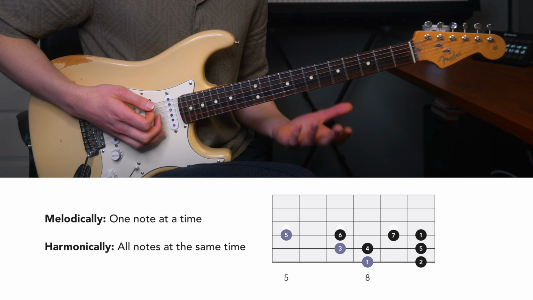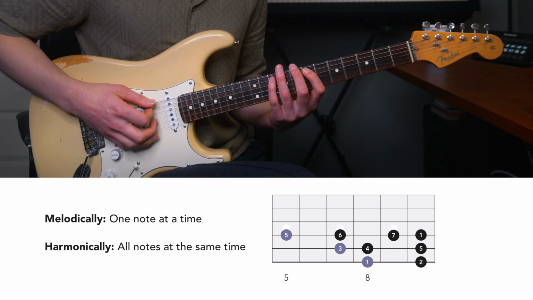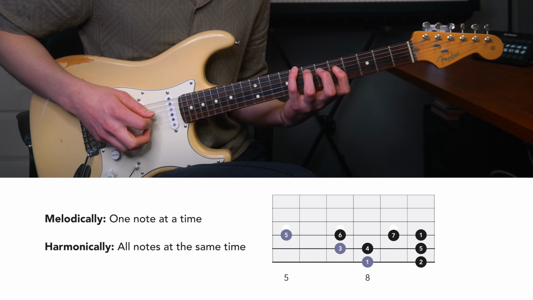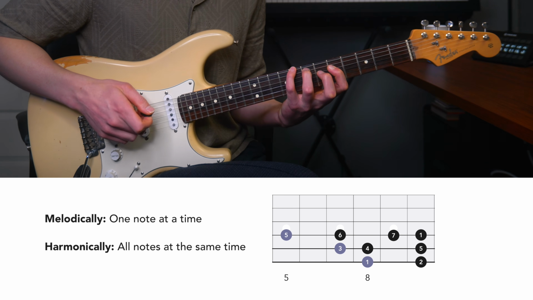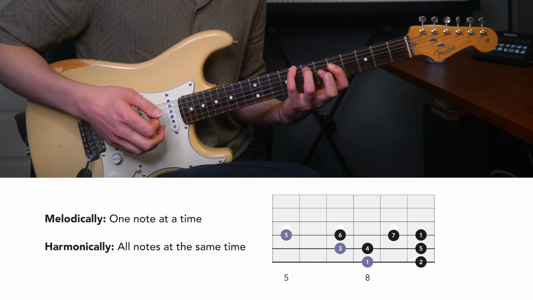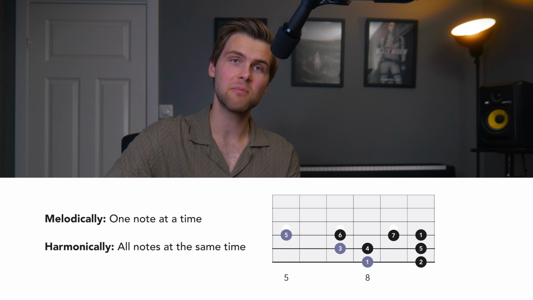So we need to change it slightly so we can play all the notes at the same time. For example, like this instead. So triad can be played melodically or harmonically. That's a little bit of a tongue twister. Melodically, harmonically.